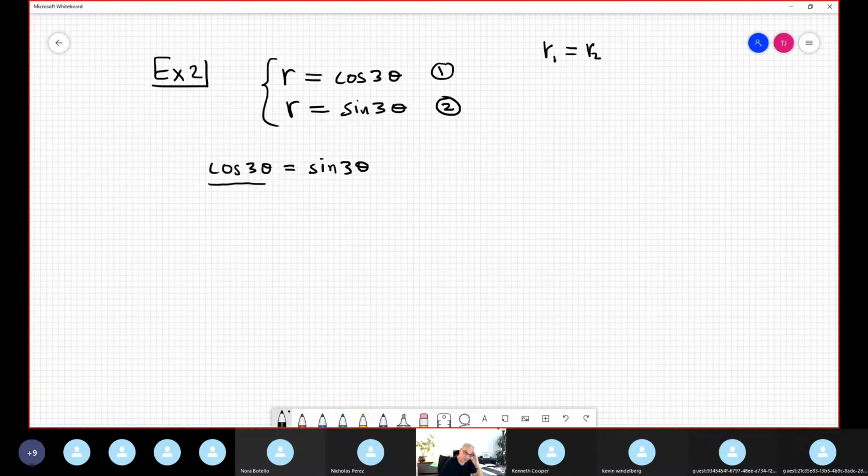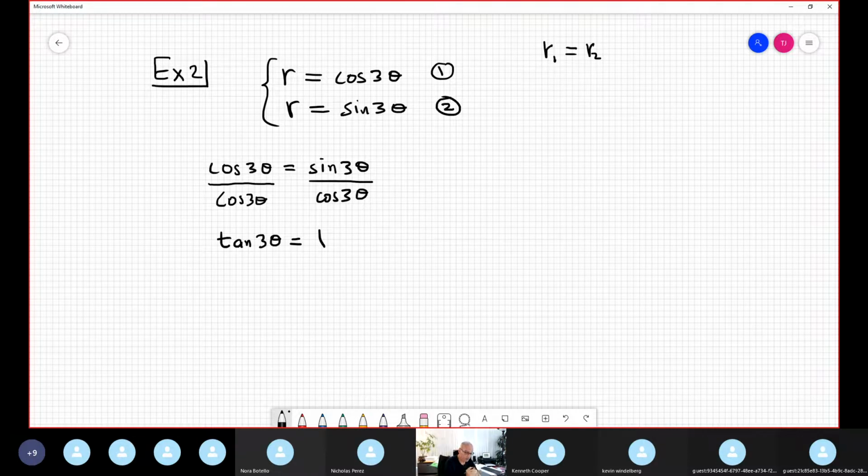Well, you divide by cosine here. And cosine divided by cosine is 1, and sine divided by cosine is tangent. Somehow I manipulate identities, and I get only one trigonometric function, which is tangent in that case.